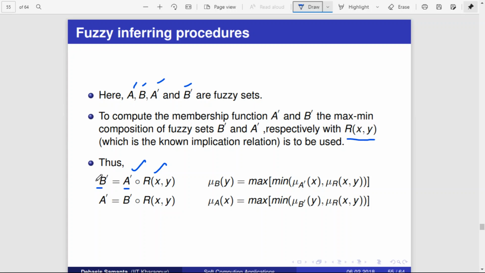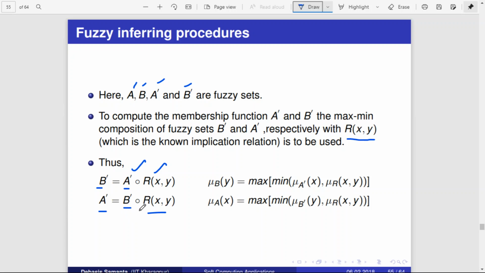How we calculate B dash is by the max-min formula, which we have discussed already. Max-min of the membership function of A dash of x, comma, the next value will be taken from this relation. Similarly, if B dash is known and if the relation is given, then A dash can be calculated.